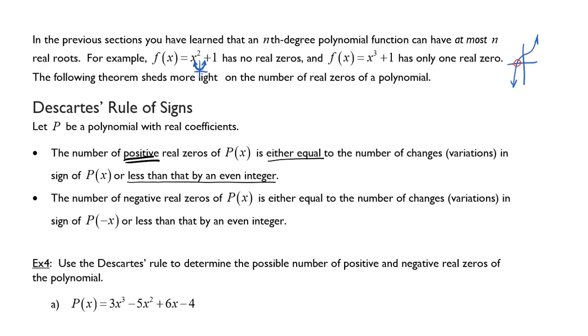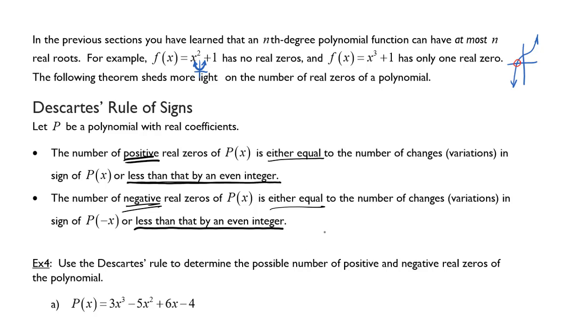The number of negative real zeros of p of x is either equal to the number of changes or variations in sign of p of negative x, notice the negative there, or less than that by an even integer. Again, very important to note: less than by an even integer. We have to take it in pairs of 2.